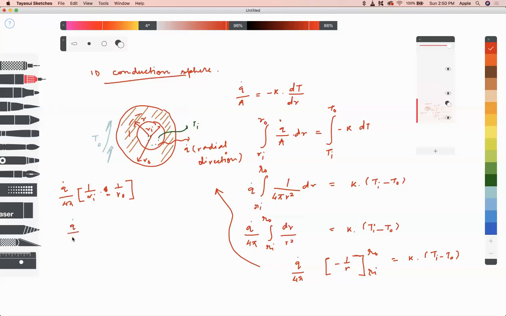This will be Q dot by 4 pi, and this will be r0 minus ri, divided by ri into r0.